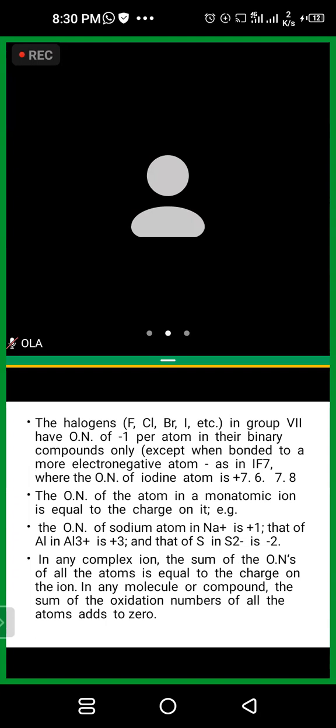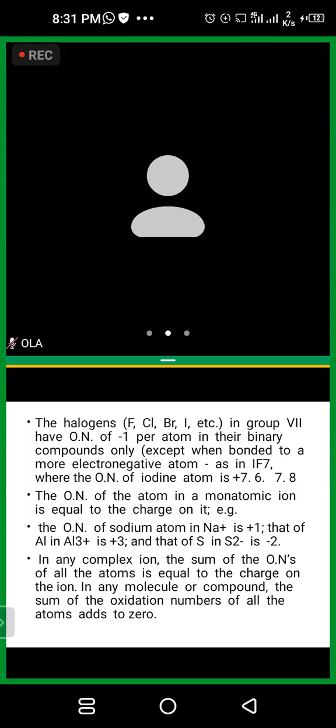For example, where iodine binds with fluorine, there it is +7. I hope we get it. There it is +7 because it's binding to a more electronegative element. Another rule is that the oxidation number of an atom in a monatomic ion is equal to the charge on it.